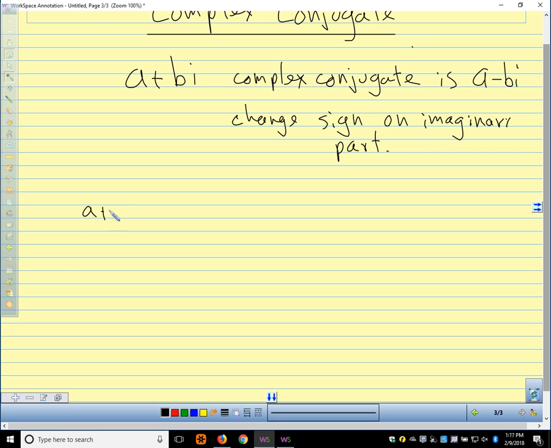So a plus bi divided by c plus di. To divide, I think this is what you were thinking of, Gabby, we multiply the numerator and denominator by the conjugate of the denominator.